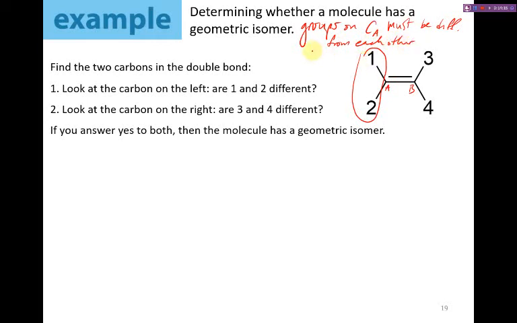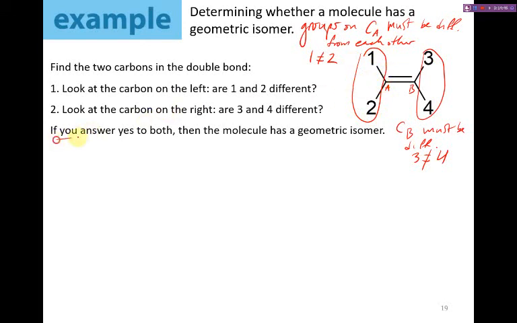In other words, in this example, 1 must be different from 2. You also have to have the groups on carbon B be different from each other. So 3 has to be different from 4. Now, it turns out that 1 can equal 3, and that's okay, or 2 can equal 3, and that's okay, or 1 can equal 4, etc. But the groups attached to the same carbon must be different.